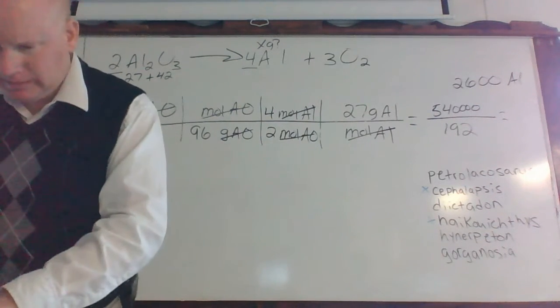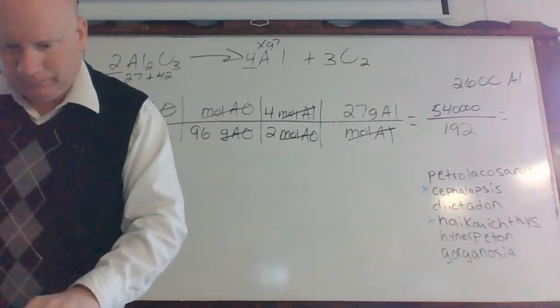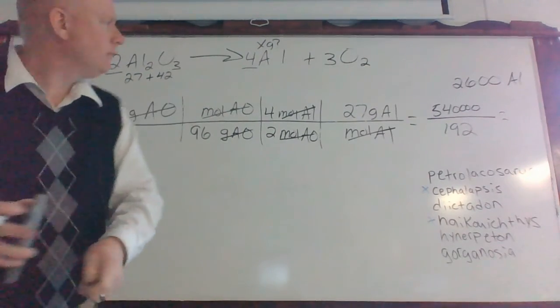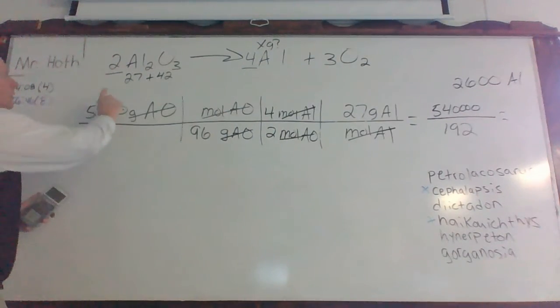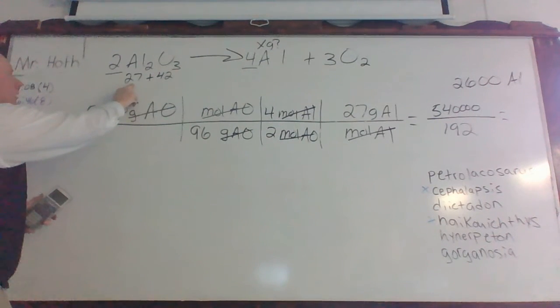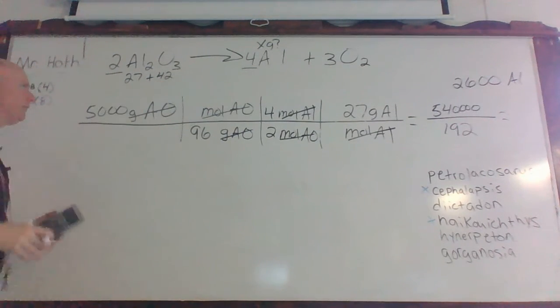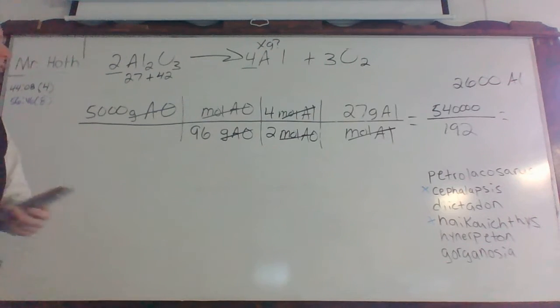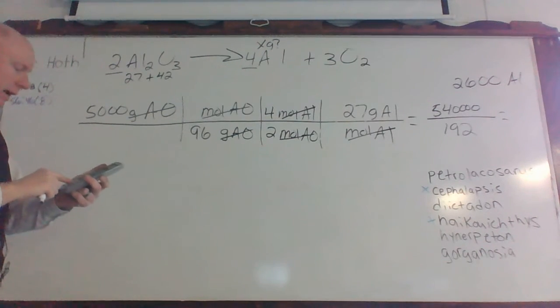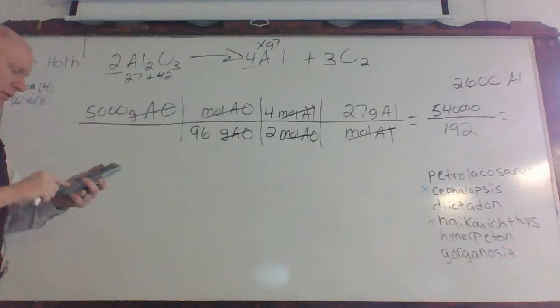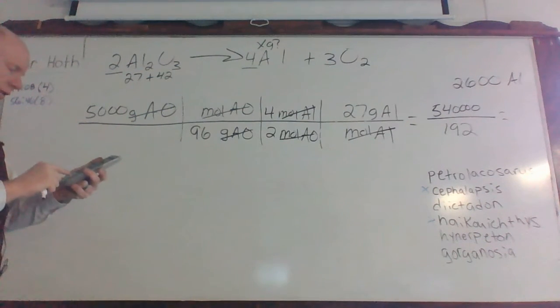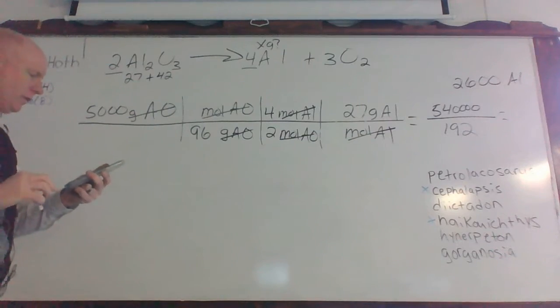So 54 plus 4. Oh, I bet that's 48, not 42. 14 times 3 is 42. That's right. 48 plus 48 plus 48 plus 54.